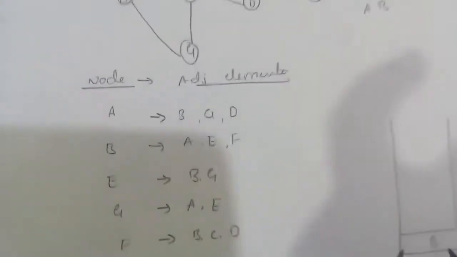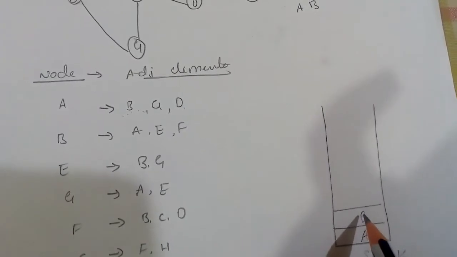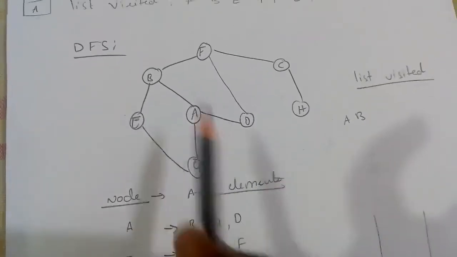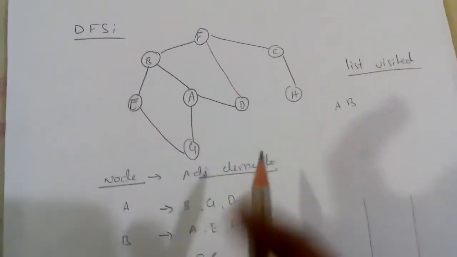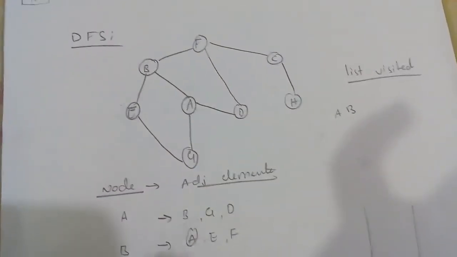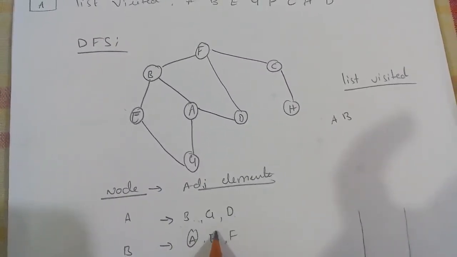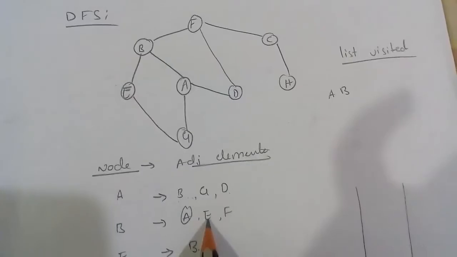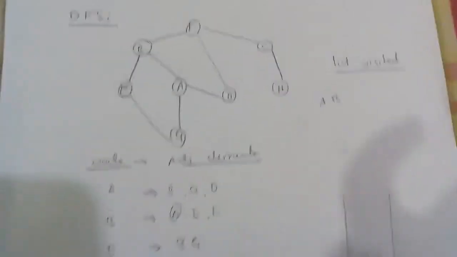Now the top of the stack is B. The adjacent elements of B are A, E, F. A is already visited. The one that is alphabetically closer to B is E. So E is now pushed onto the stack and also added to the visited list.